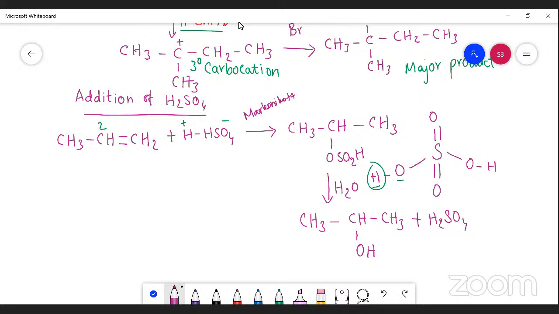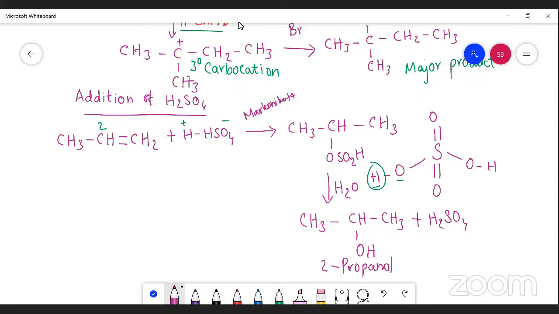So 2-propanol is the product. This is an alcohol. So alkene is used for the preparation of alcohol.